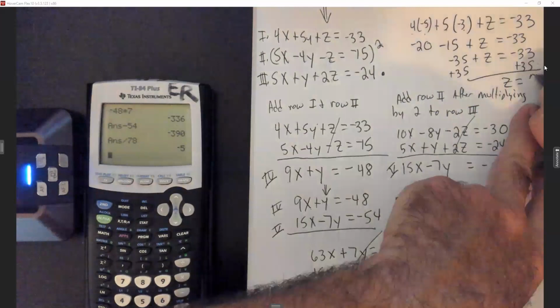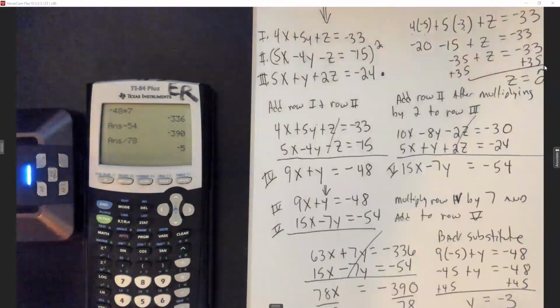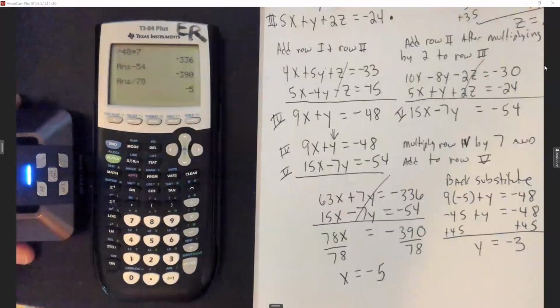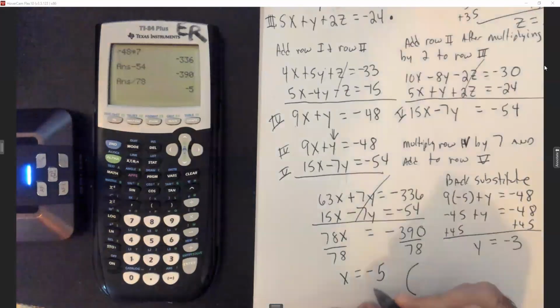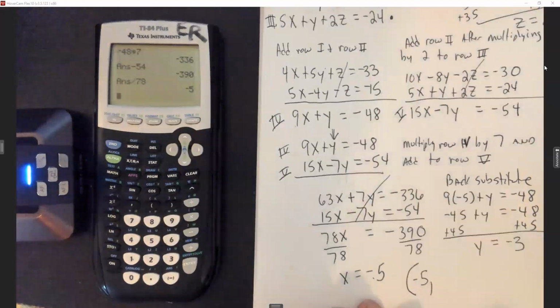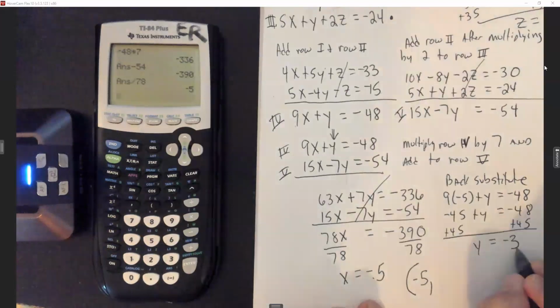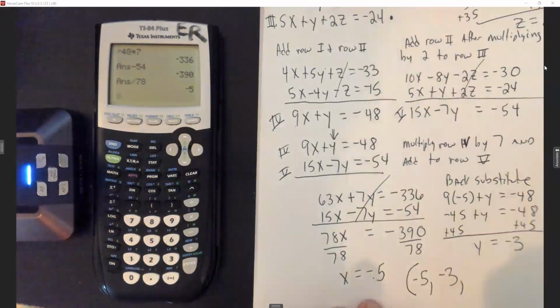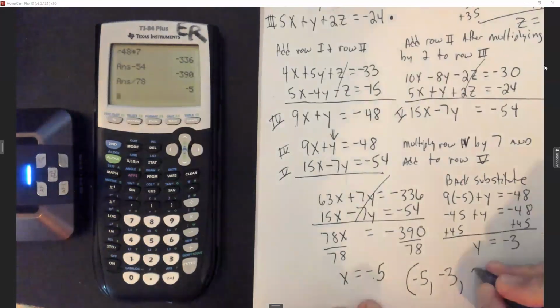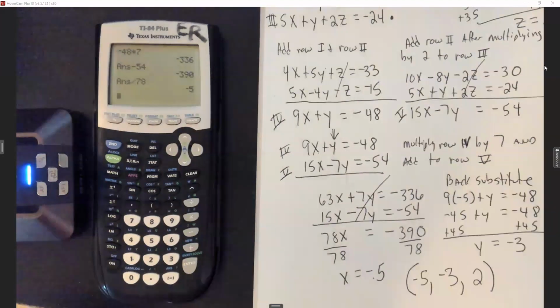So down here, when I write my final answer, it's got to be in parentheses. -5 was the x, it goes first. -3 was the y, it goes second. And then 2 was the z, it goes third.